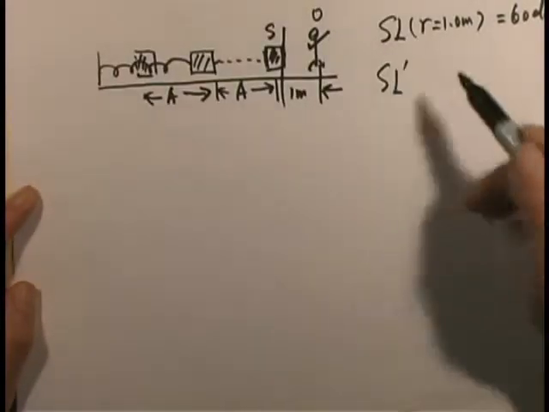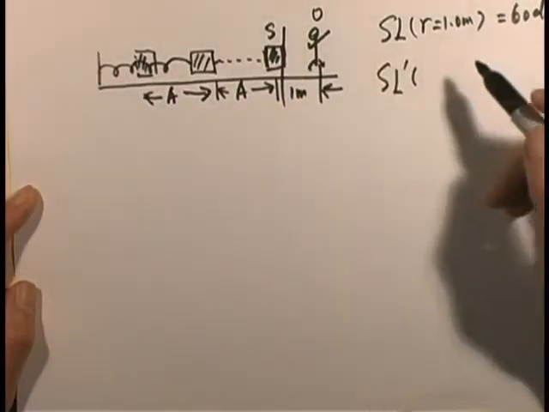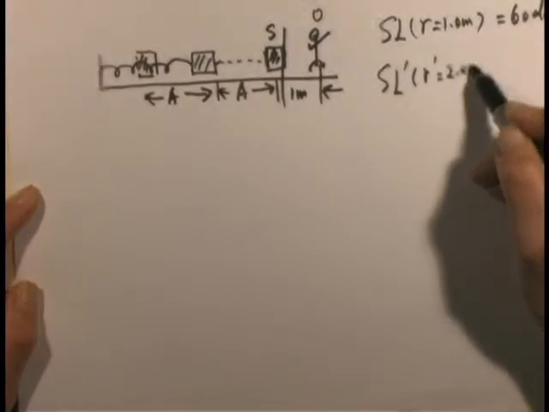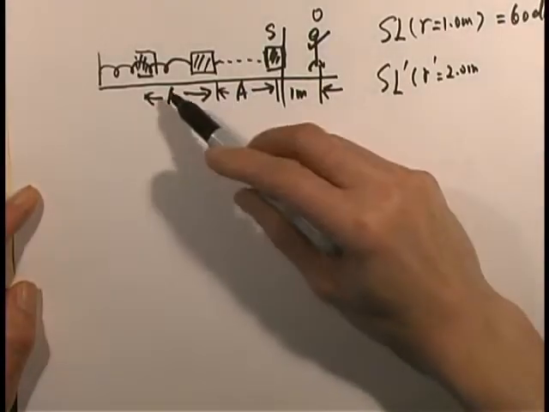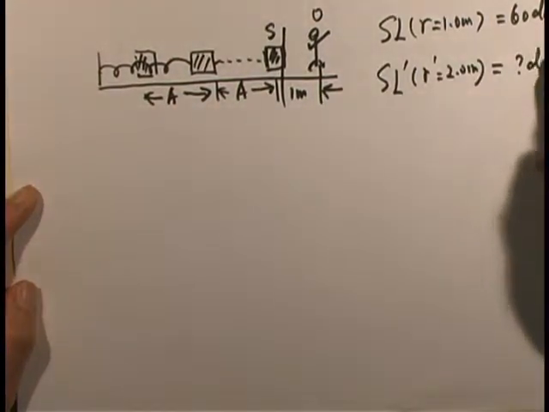What is the sound level when the source is at the furthest distance? That is obviously 2 meters away, because the amplitude is half a meter, and twice it will be another 1 meter. So the question is, what is the sound level?